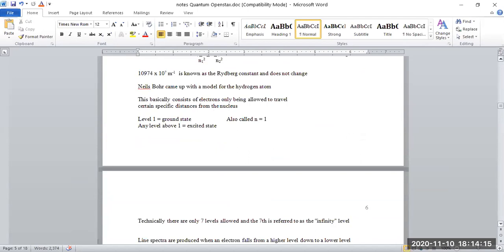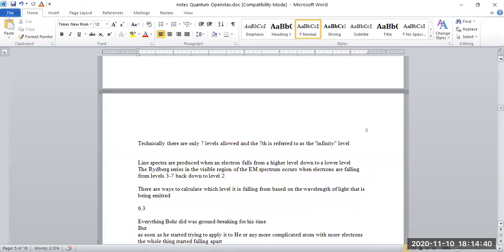And then as you're climbing the staircase of energy, or layers of electrons, you get increasing numbers from 1 up to 7. 7 is the highest one you are allowed. Anything bigger than 7 is usually referred to as the infinity level.